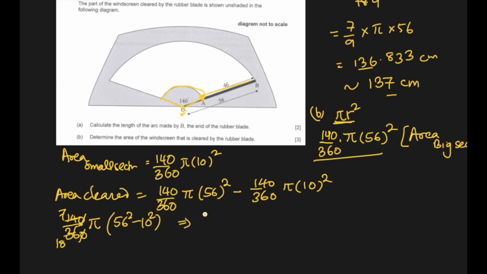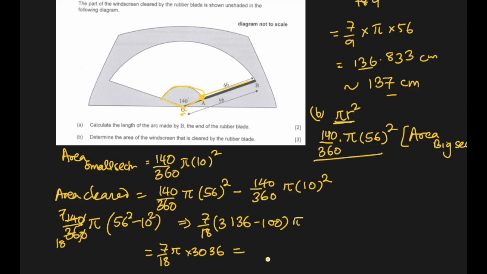So what do we get? 7 over 18, and 56 square will be 3136, 10 square will be 100. So we get 7 over 18 pi. I forgot pi, right? We have to write pi also. Pi times 3036.